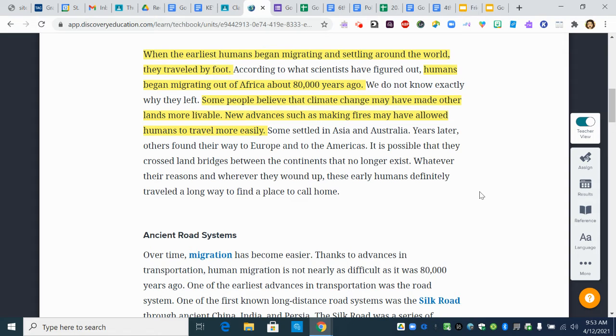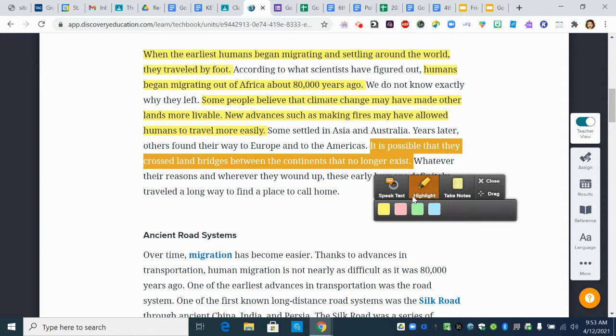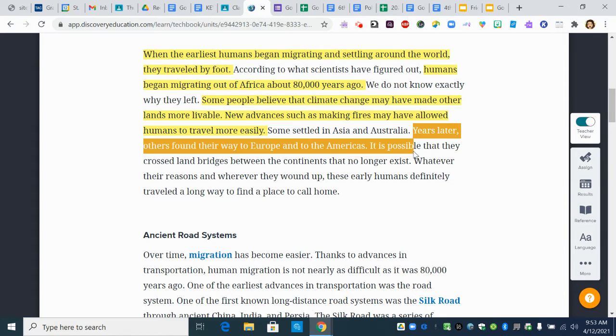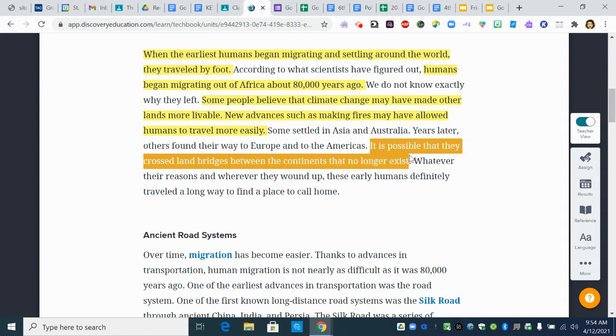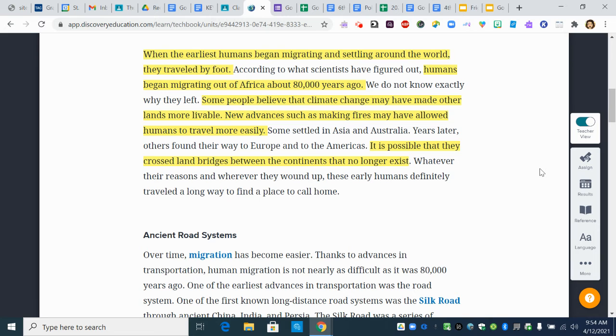And it is possible they crossed land bridges between the continents that no longer exist because of the continents moving.